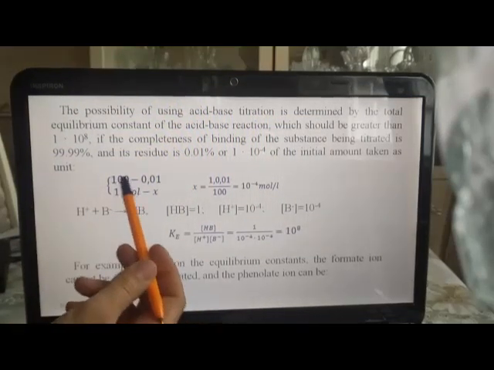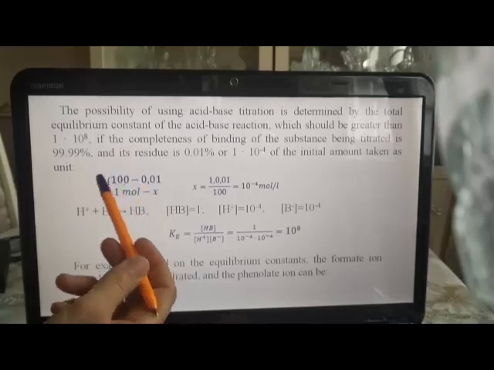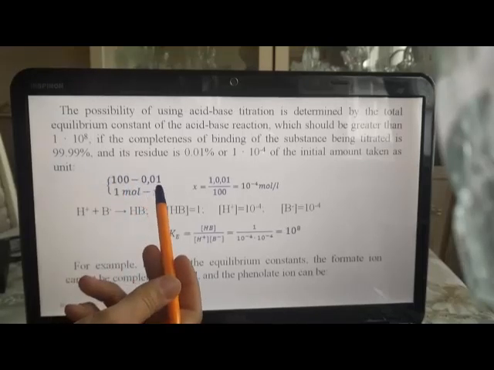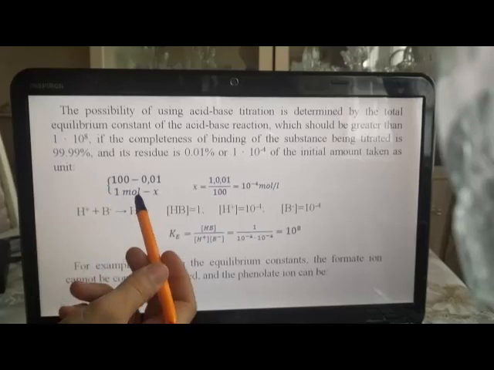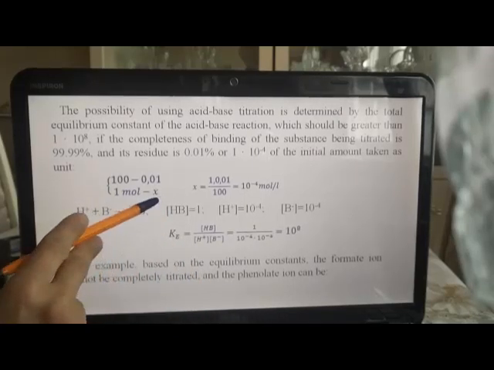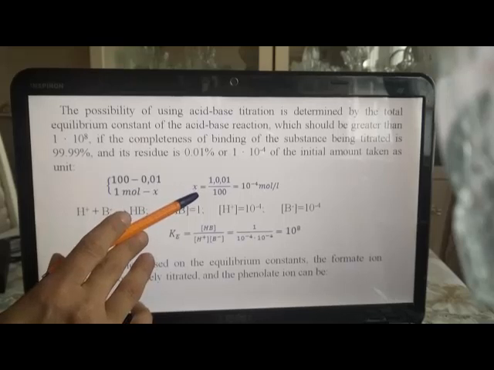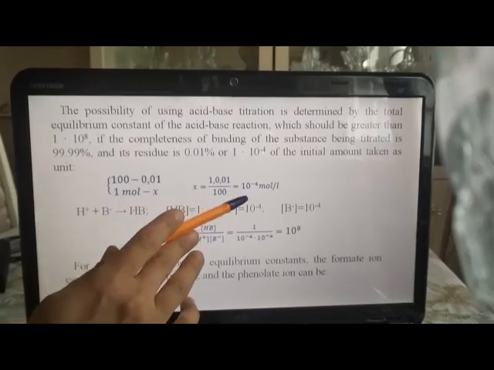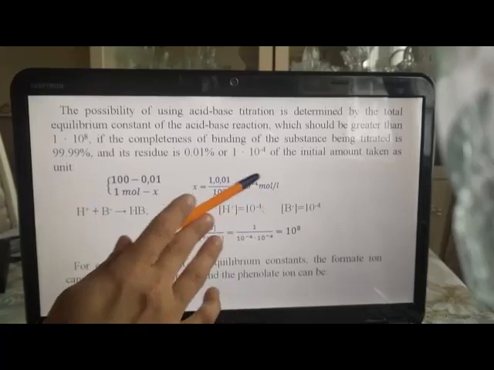We have the proportion 100 to 0.01 and 1 mole of this solution is X, and from this we can find X equal to 10 to the minus 4 mole per liter.